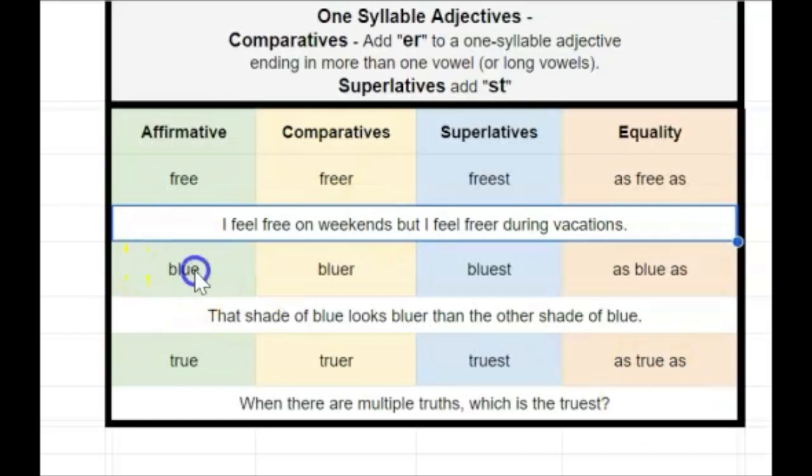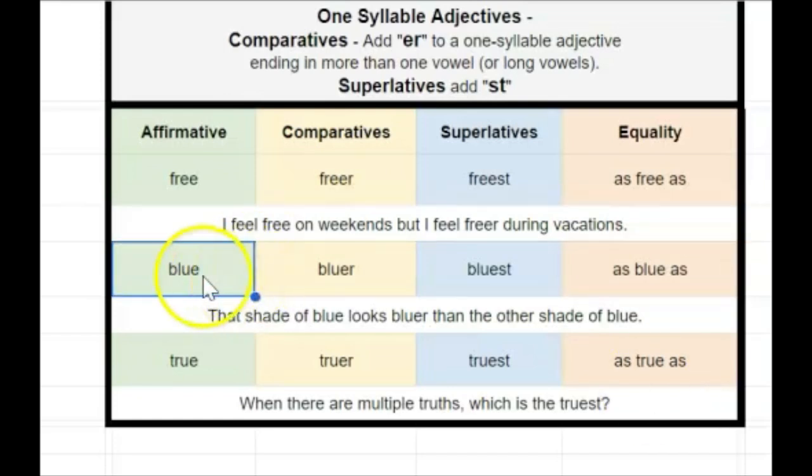The second example adjective we have that has two vowels or a long vowel sound is the color blue. This also is true for any color like gray. The color gray ends in two vowels or a long vowel sound. So with blue, comparative is bluer, superlative is bluest, and equality is as blue as.